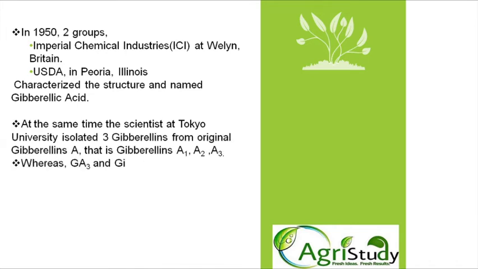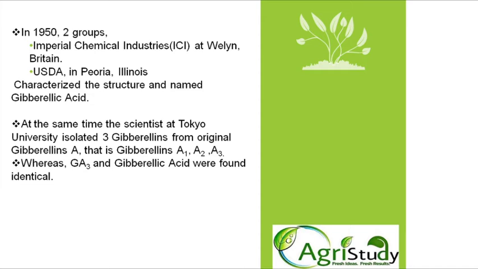At the same time, the scientists at Tokyo University isolated three gibberellins from the original gibberellin A, that is gibberellins A1, A2, A3. The original gibberellin was A. From that, the scientist at Tokyo University in Japan isolated three forms, gibberellin A1, A2, A3.